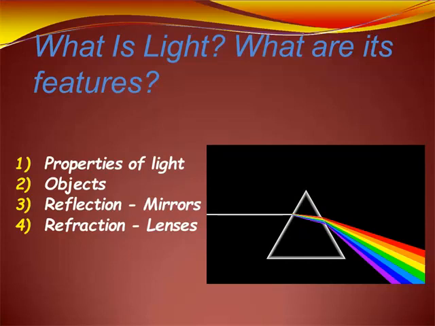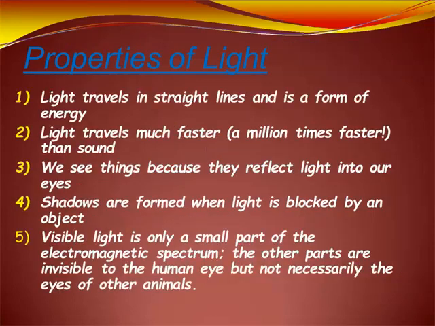Then we have a question: why is the mirror image inverted or in the opposite direction? We will learn different features. So for that we have to talk about properties, the objects on which light falls, reflection and refraction. So let's start with the first feature, that is properties of light.